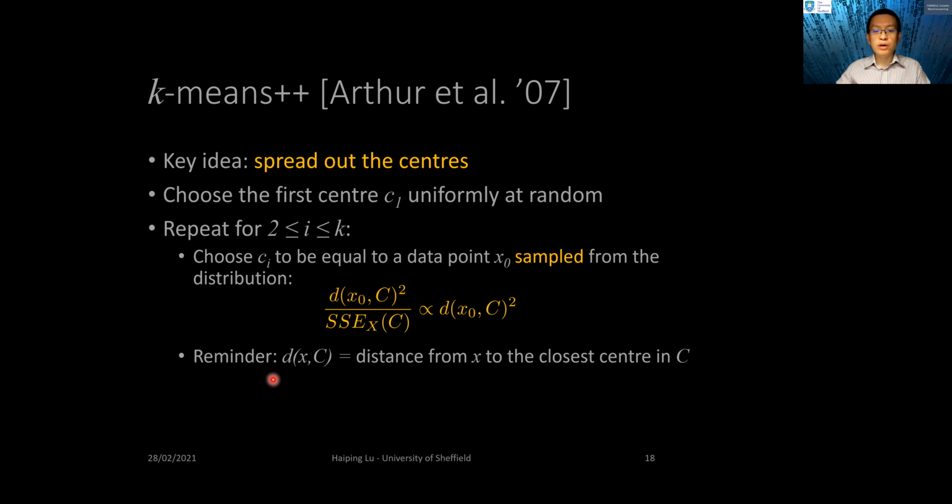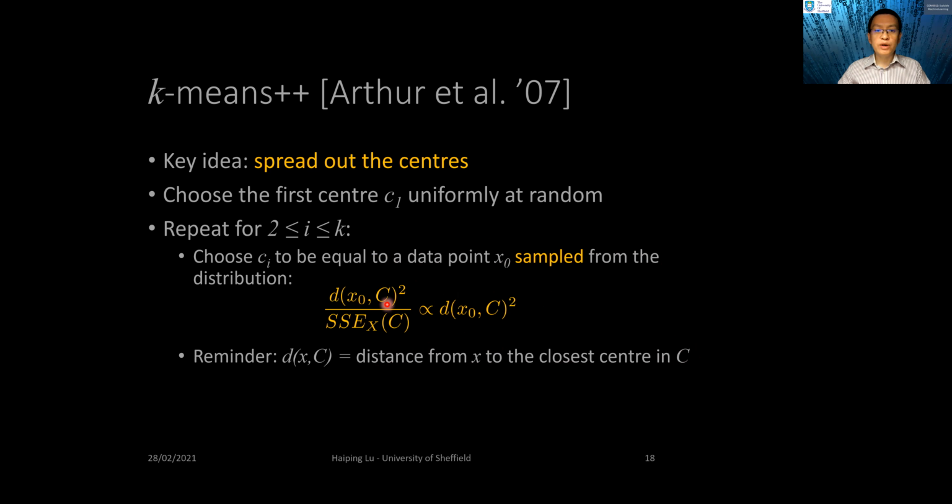Just recall, this d(x, C) means the distance from x to the closest center in C. What does this mean? For each data point, we will compute the distance to its closest center in the current candidate centers.